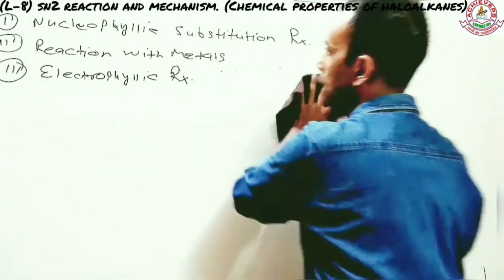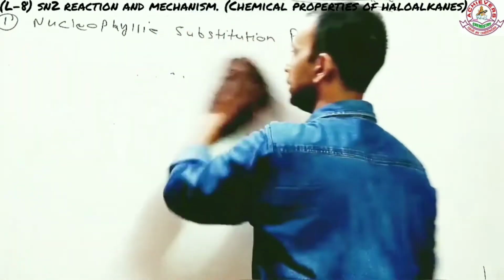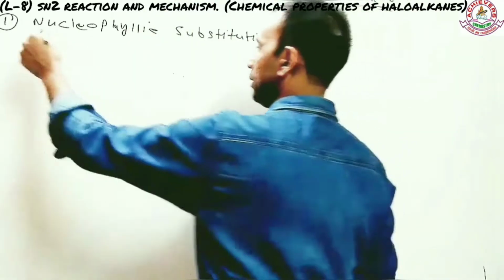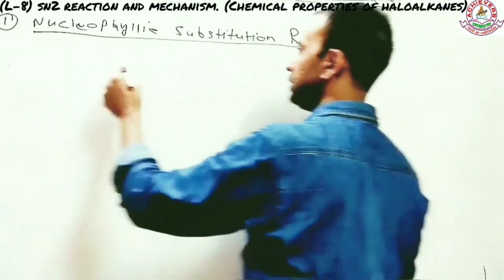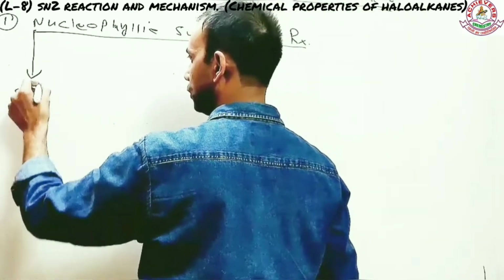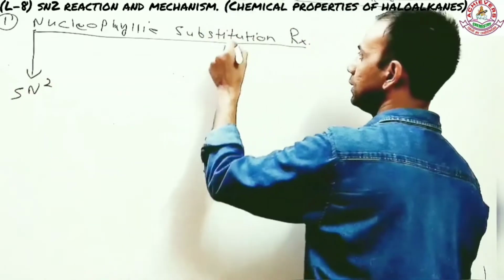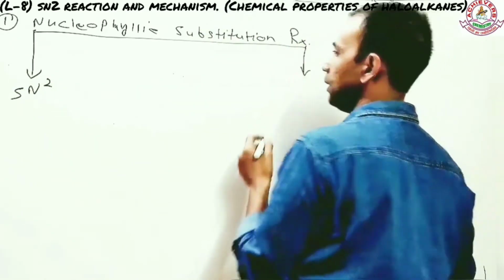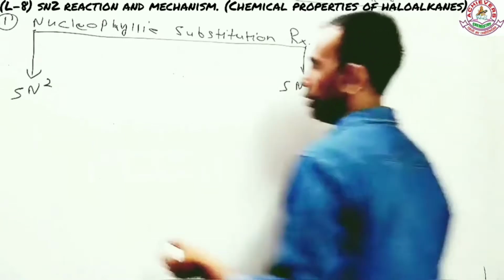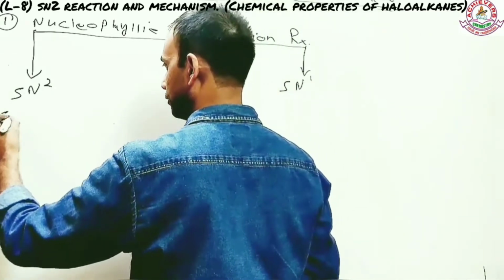Now let's talk about what is this nucleophilic substitution reaction. Haloalkanes exhibit two types of substitution reaction. One is called SN2 and the other is called SN1. What SN2 is here?